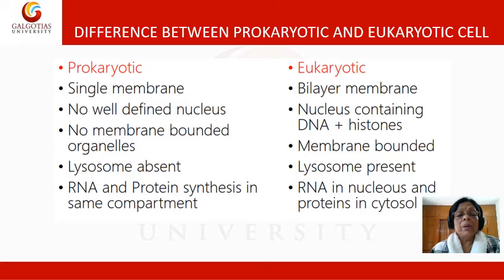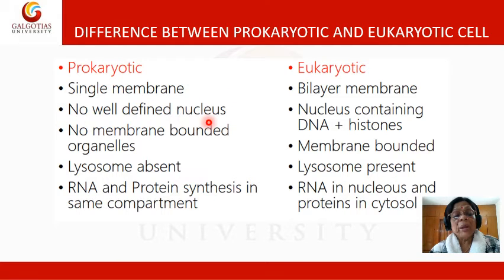Now, the difference between prokaryotic and eukaryotic cells. Prokaryotic cells have a single membrane, but eukaryotic cells have a bilayered membrane.